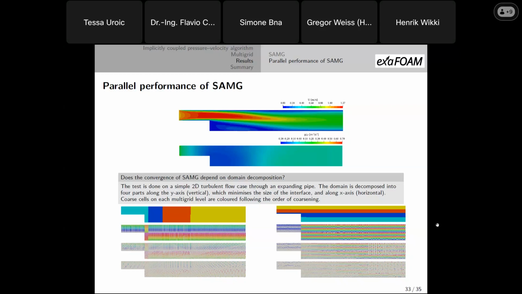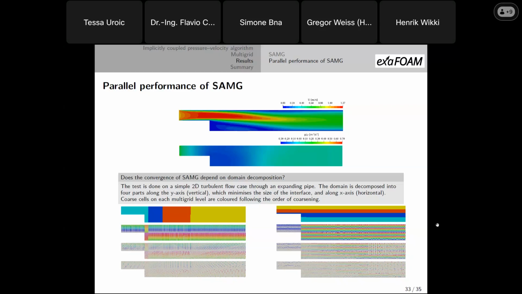And this is a very violent, however, illustrative example of using a backward-facing step case and dividing it onto 4 processing units. So one decomposition is very natural. So on the left-hand side, a vertical decomposition where you keep processor boundaries as small as possible.